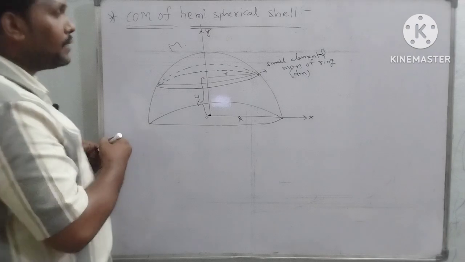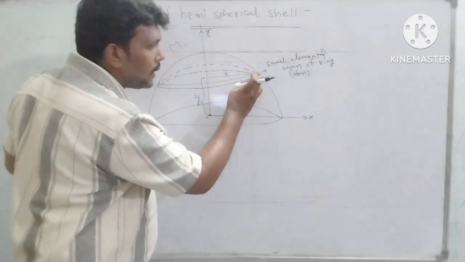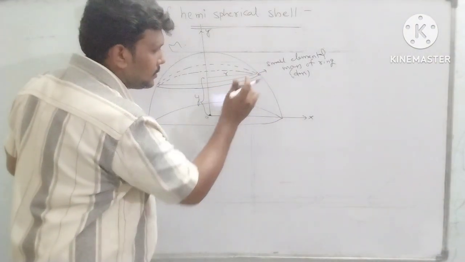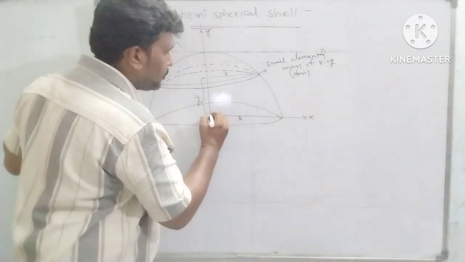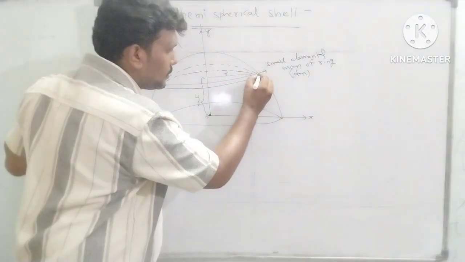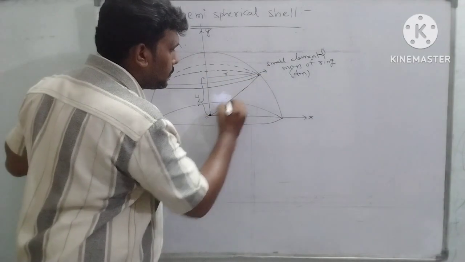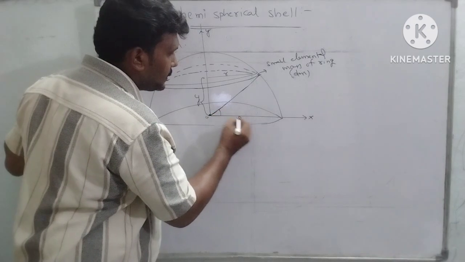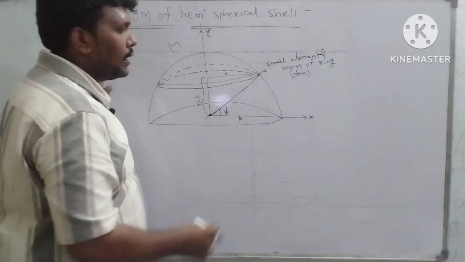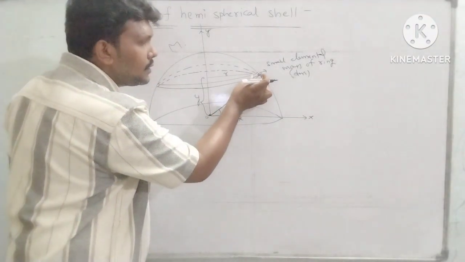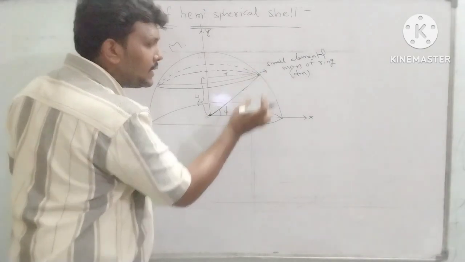At the same time, I want to take the position of this elemental mass of the ring from the origin, at an angle phi with the x-axis.